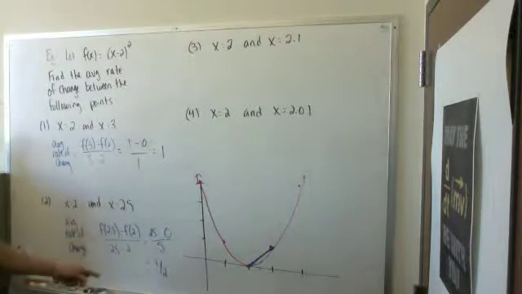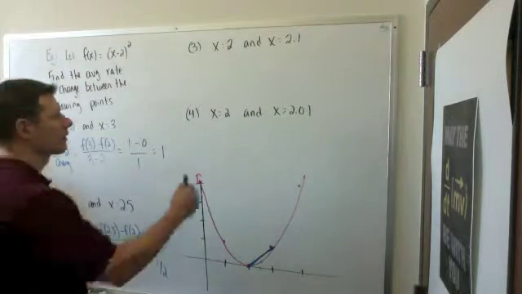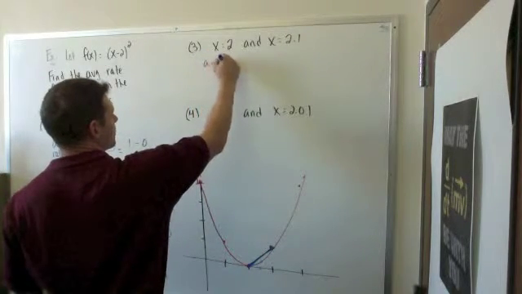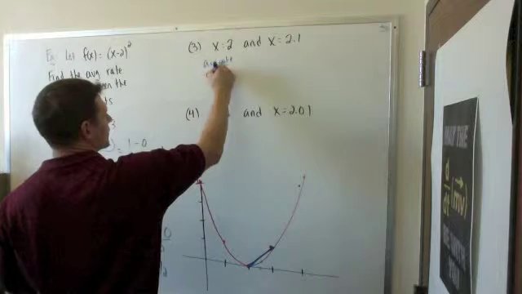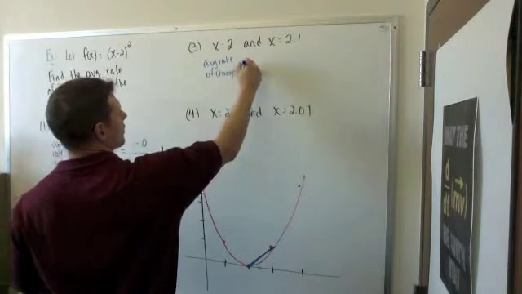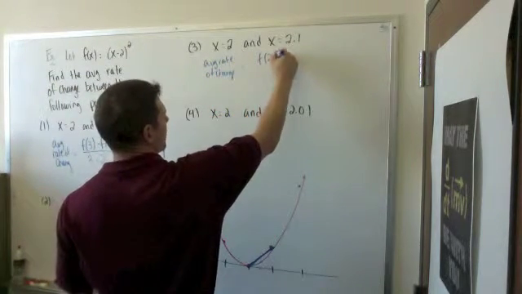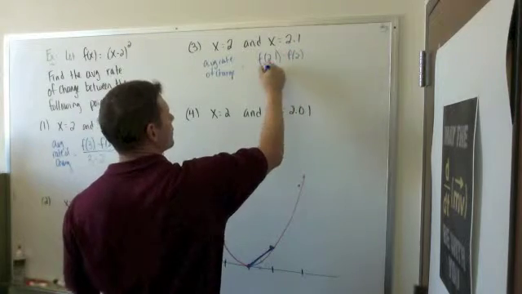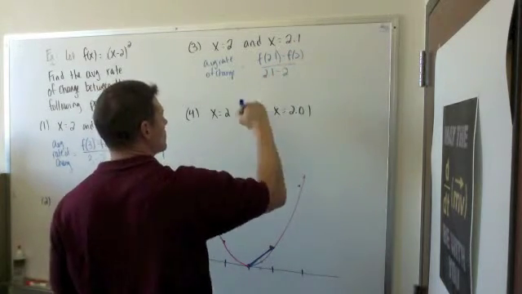Okay, next one, 2 and 2.1. So average rate of change: f of 2.1 minus f of 2 divided by 2.1 minus 2.